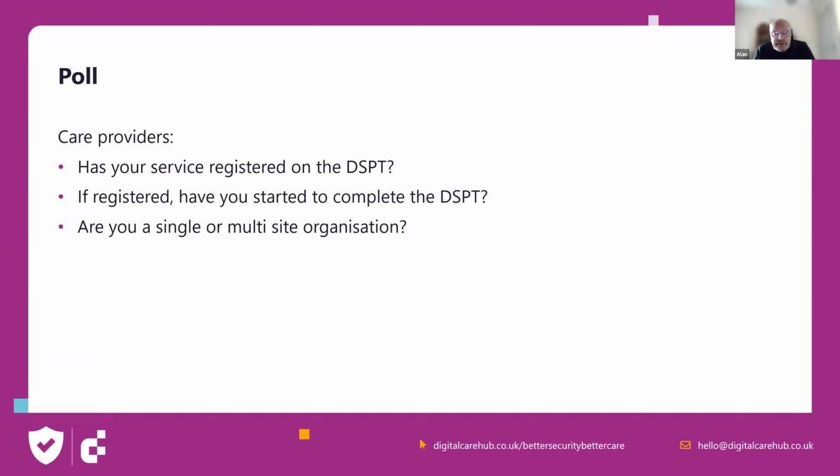Have you started to complete? So 60% of you have already started to complete. So you may have specific questions in relation to why you haven't completed yet. And then lastly, how would you describe your organisation? So we've got 66% of you are single site organisations. So that's brilliant. Thank you for helping us with that.